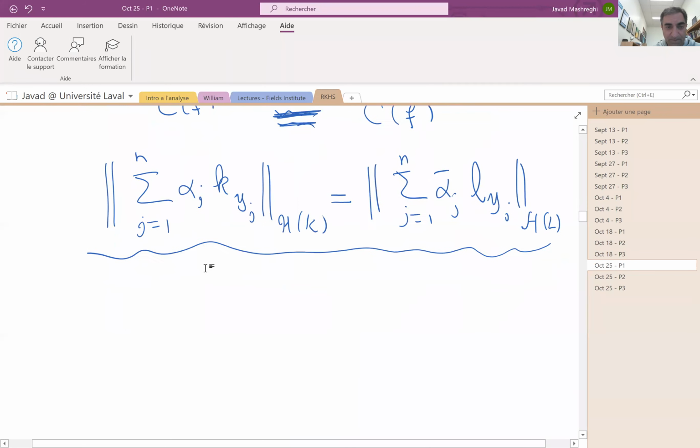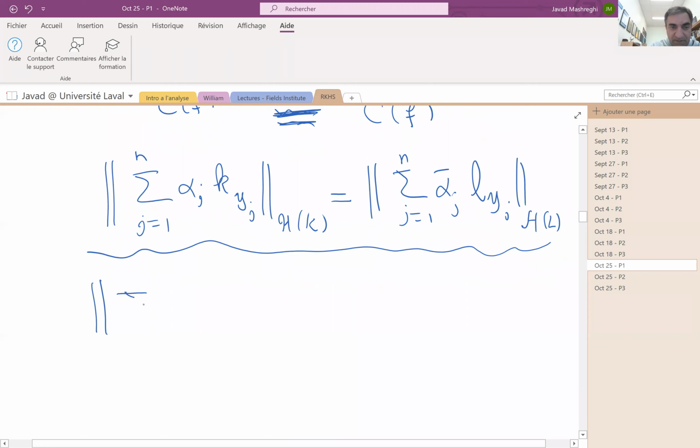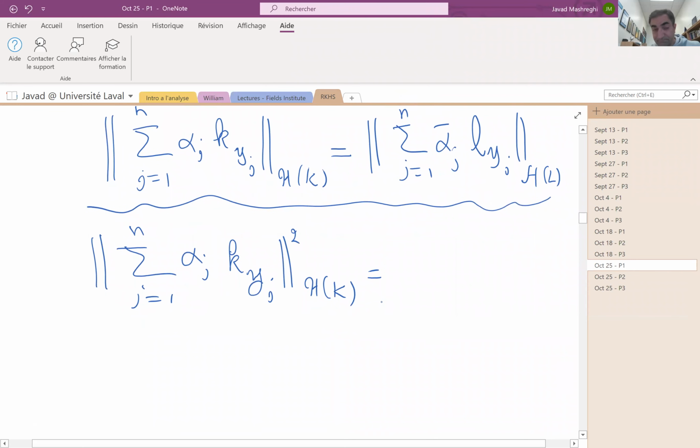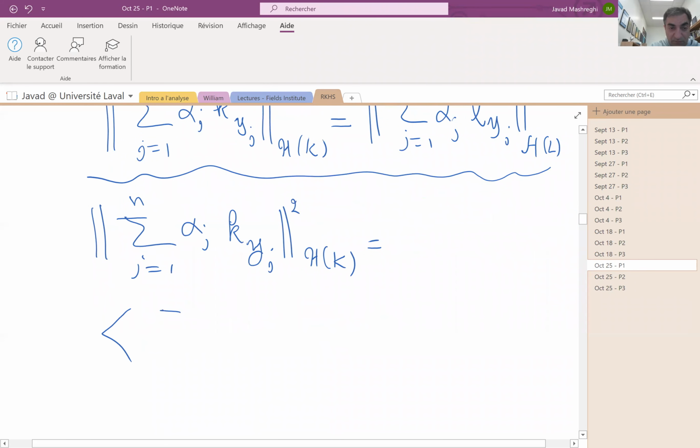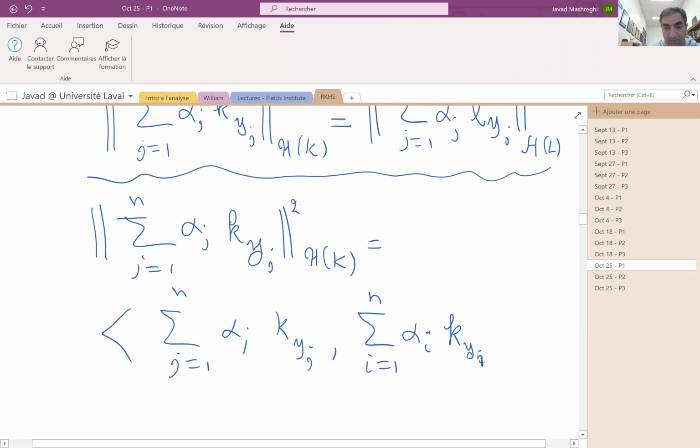calculate the norm squared. So the norm squared of sigma j from 1 to n alpha j k y j in H of k is equal to, well, its inner product with itself, sigma j from 1 to n alpha j k y j, and sigma, I use another index, i from 1 to n alpha i k y i in H of k.